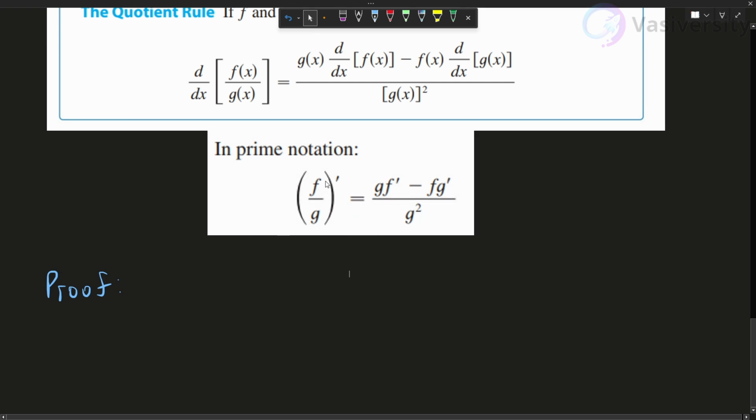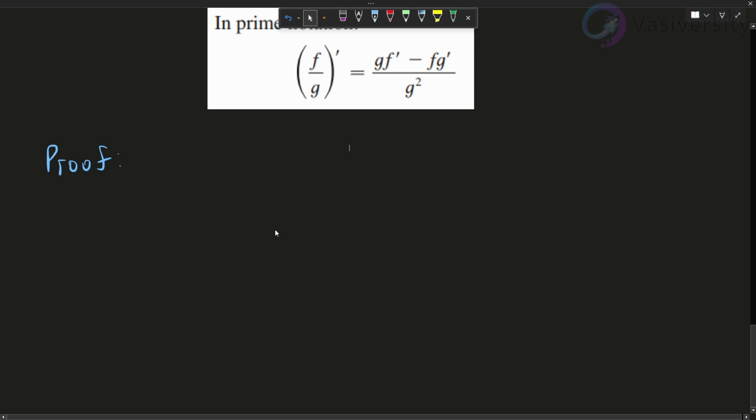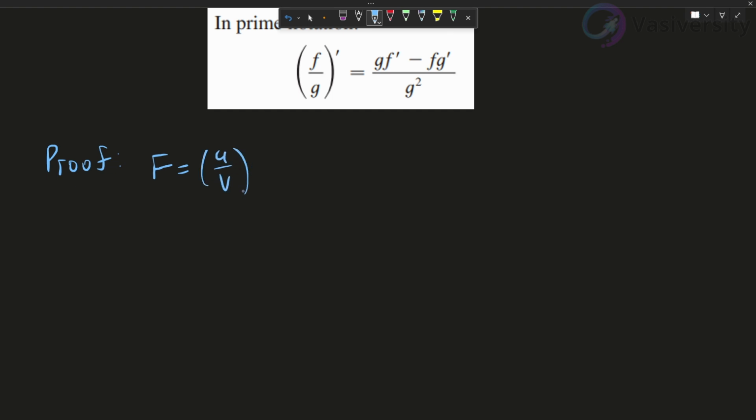So f over g. Our goal is going to be the following: capital F is equal to u over v. The most important part here is that v is not equal to 0, and likewise g is not equal to 0. Very important. There is no note on it, but we're going to add the note.